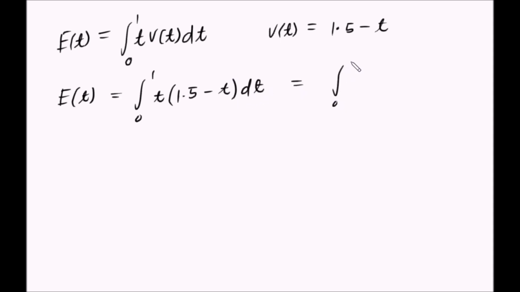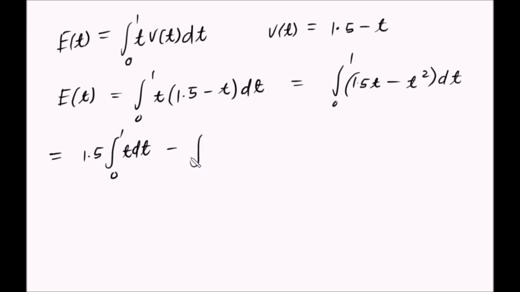So this is we integrate from 0 to 1 of 1.5 t minus t squared dt. So now we integrate t with respect to t from 0 to 1, minus we integrate t squared with respect to t from 0 to 1. So when I integrate t, you can see 1.5 is a constant, it comes out.